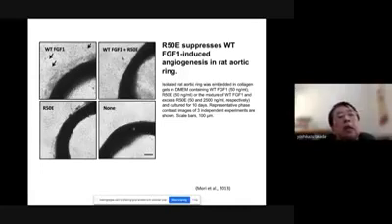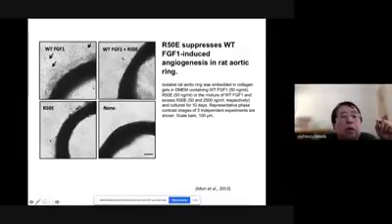On the left you can see a sprout, a kind of angiogenesis, from the aorta. The mutant doesn't induce anything. Then when the mutant was added in excess with FGF1, it can suppress angiogenesis here. So it's a potent angiogenic inhibitor. This is called aortic ring assay.